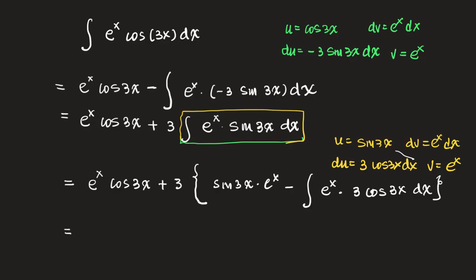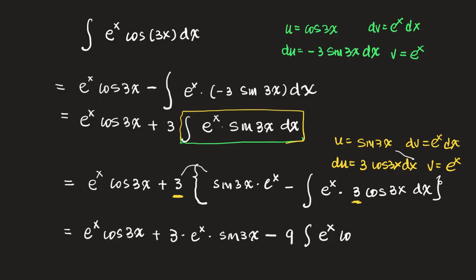Let's simplify this one first. e to the x cosine 3x plus 3 times e to the x times sine 3x minus, can you see 3 here, 3 here, 3 times 3 gonna be 9, integral e to the x cosine 3x.